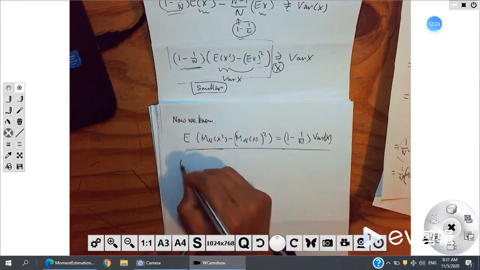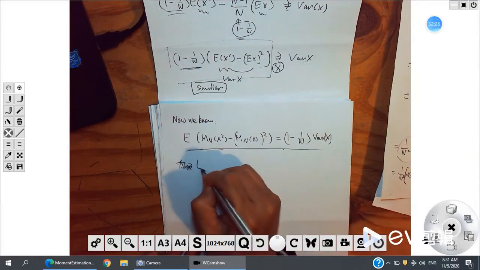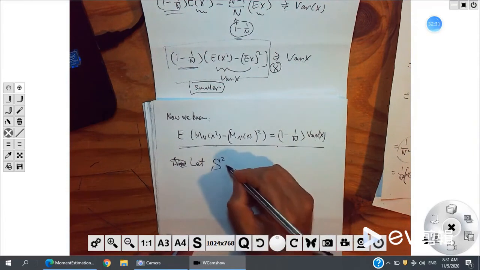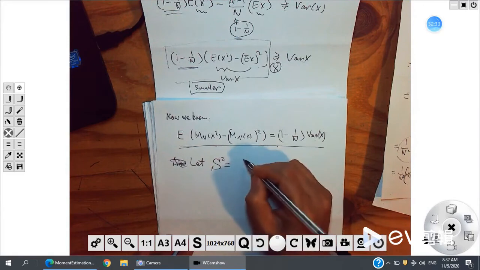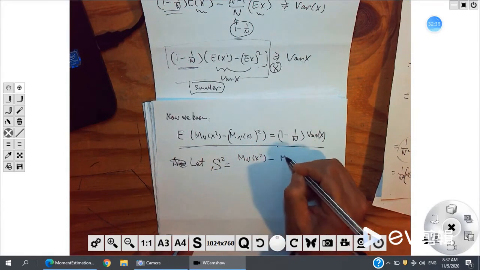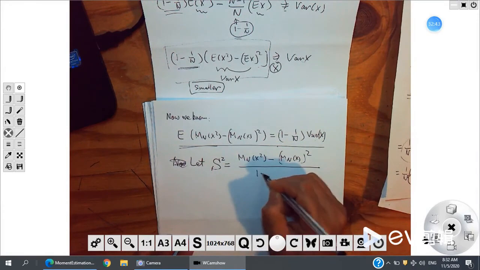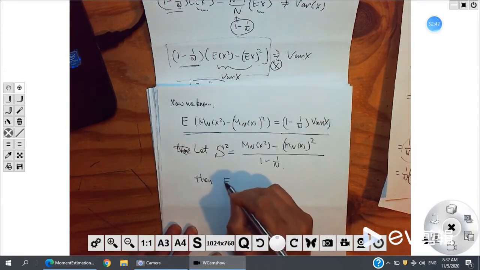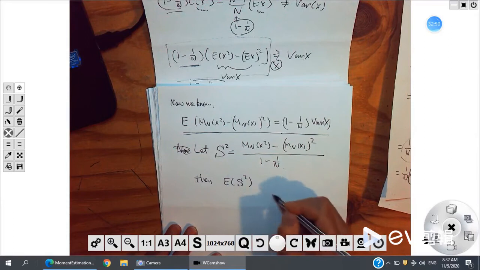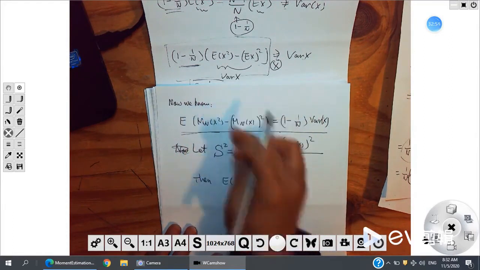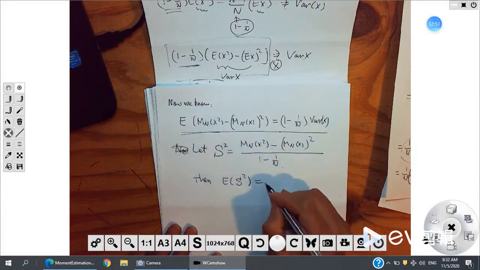Now, let s squared, this is just a notation, I denote this as s squared equal to mn x squared minus mn of x squared over 1 minus 1 over n. Then E of s squared will equal to what? It is divided to this side, so the whole thing is s squared. So E of s squared is just the variance of x.